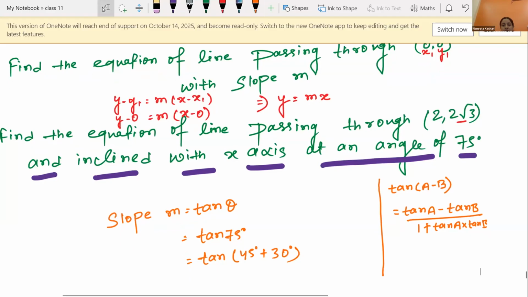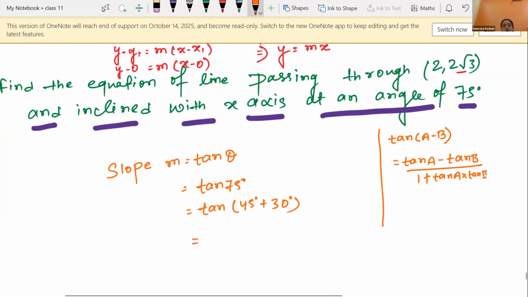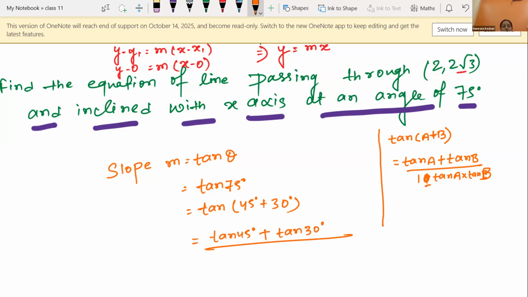Yes, ma'am. Okay, let's use the formula. I have written A minus B; now the A plus B formula: tan(A plus B) is equal to tan A plus tan B by 1 minus tan A into tan B. Is it clear?